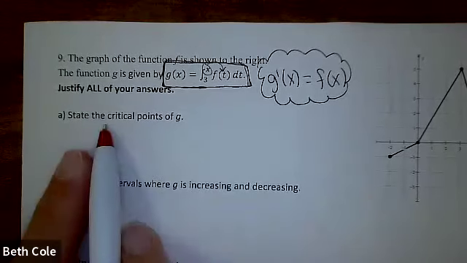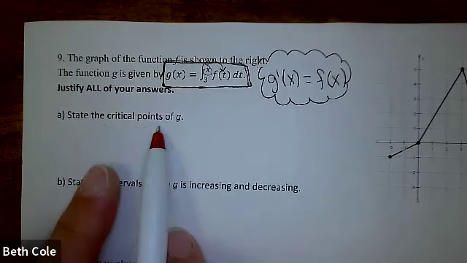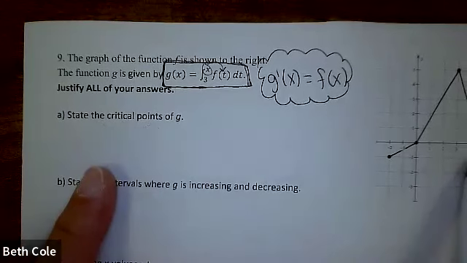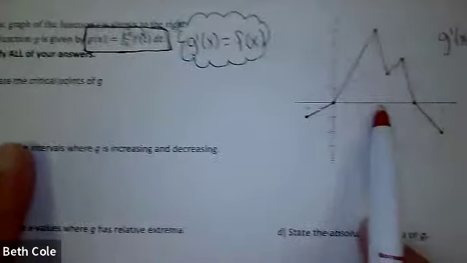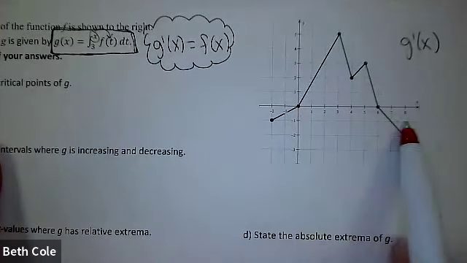Okay? How do you get a critical point? It's where the derivative equals 0. This is the derivative. Where does this graph equal 0? 0 and 6.